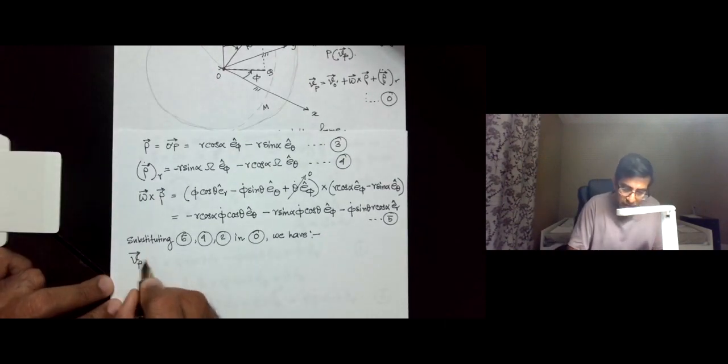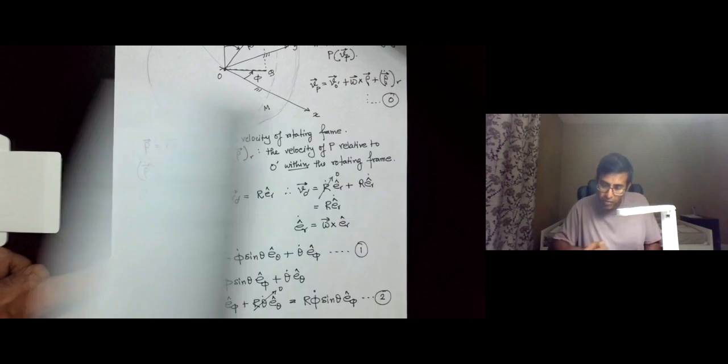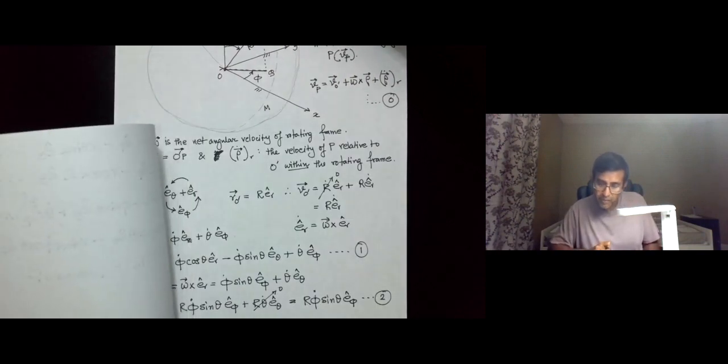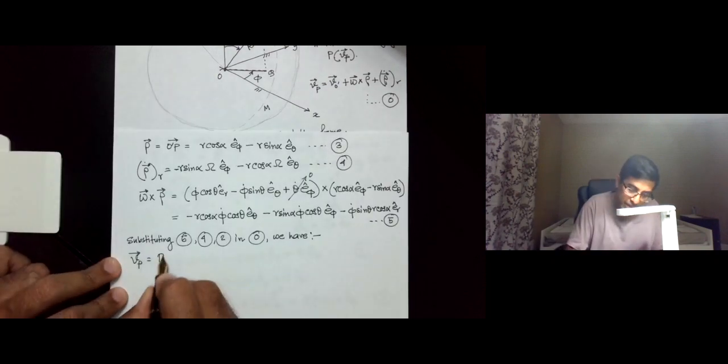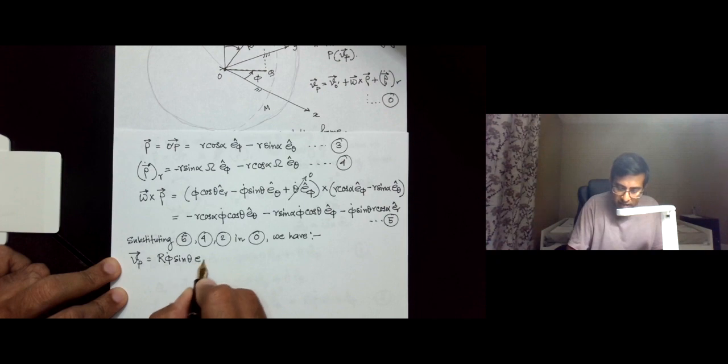We have VP is equal to VO, so let me substitute the expression for VO, that's capital R phi dot sine theta e phi.